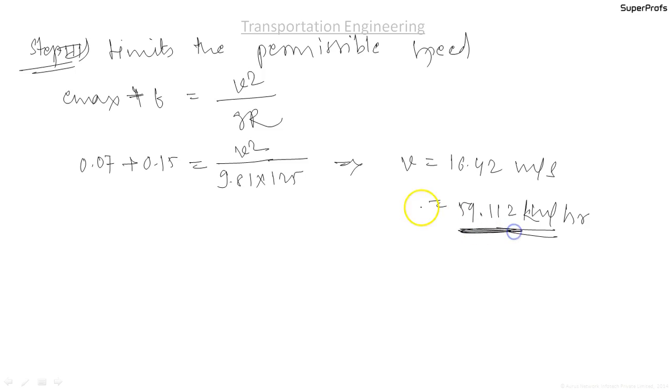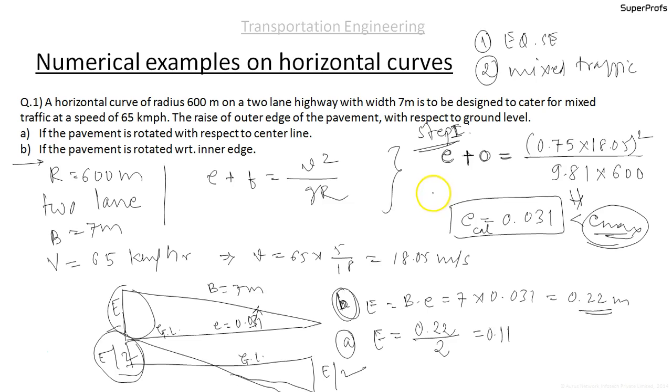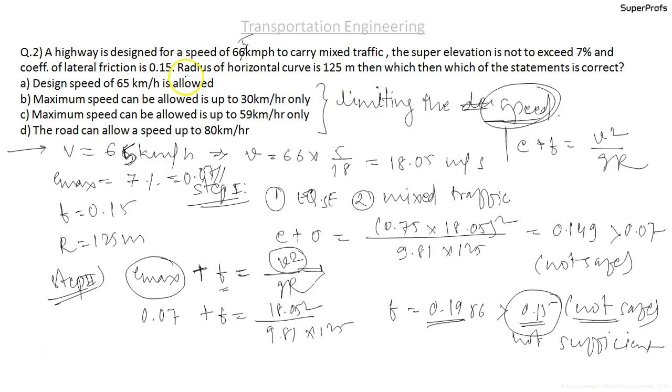So whenever we are providing super elevation equal to 0.07, that is 7%, and the F to be provided is 0.15, at that time the velocity can be only up to 59.112 km per hour, even though the design speed is 66 kilometers per hour.